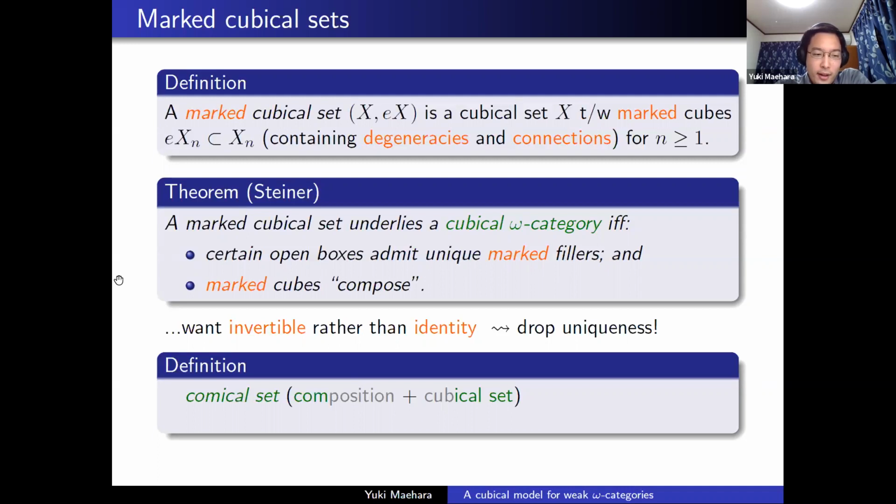But at least I couldn't really see how that was supposed to work, because if you do the obvious analogous thing, then you'd basically end up saying, for example, any two parallel marked one-cubes are homotopic, or connected by a marked two-cube. Somehow you can't really distinguish.